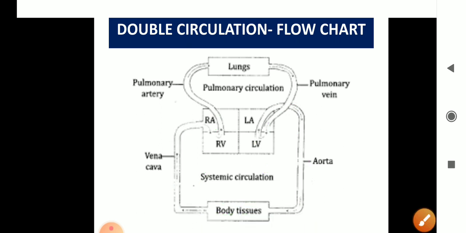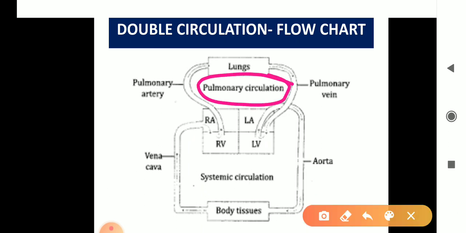Okay, now see the second one, that is called the pulmonary circulation. This circulation is maintained by the right side of the heart. It begins in the right ventricle, which expels the blood into the pulmonary trunk or pulmonary artery.